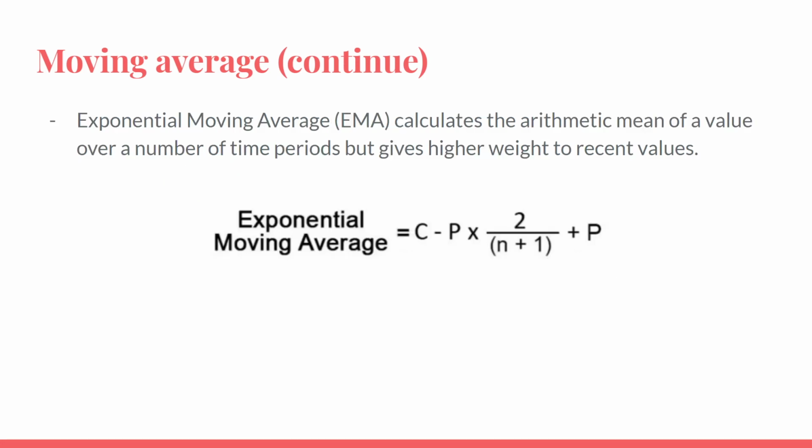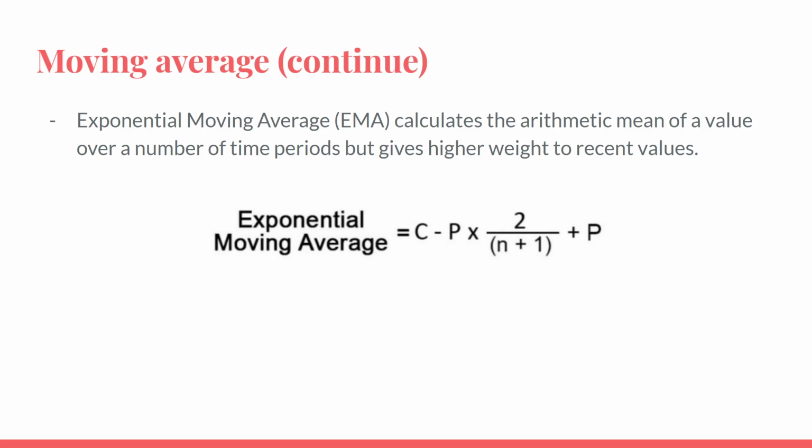And second, the exponential moving average, which calculates the arithmetic mean of a value over a number of time periods, but gives higher weight to recent values. Basically, exponential moving average is more effective than simple moving average, since the recent data seems likely to have more influence.